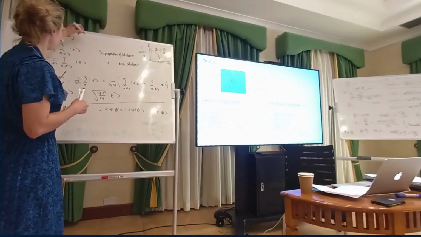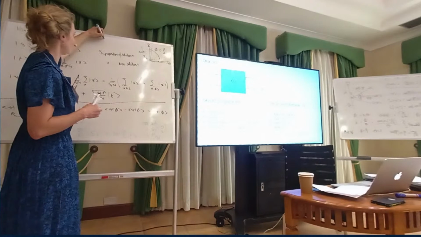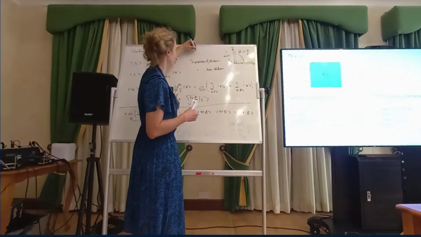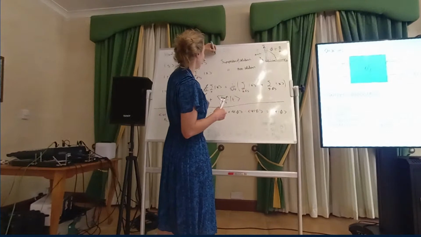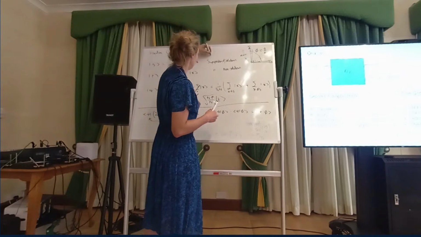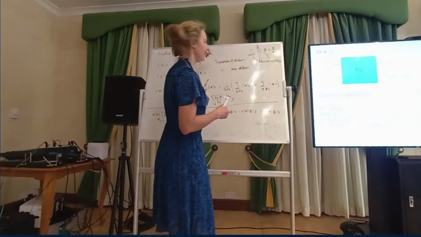No, because remember, 0,0 is going to correspond to 0, and 0,1 is going to correspond to 1, and 1,0 is going to correspond to 2, and 1,1 is going to correspond to 3. So if we've got 4 entries, you only need 2 qubits.